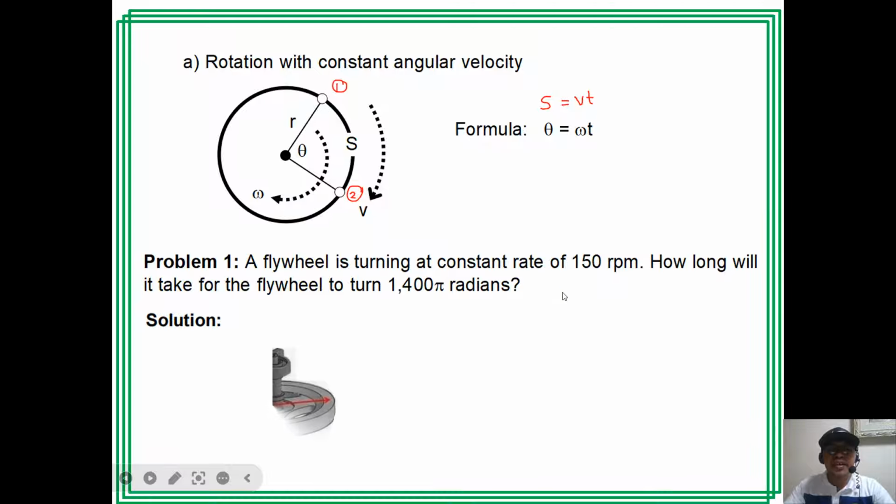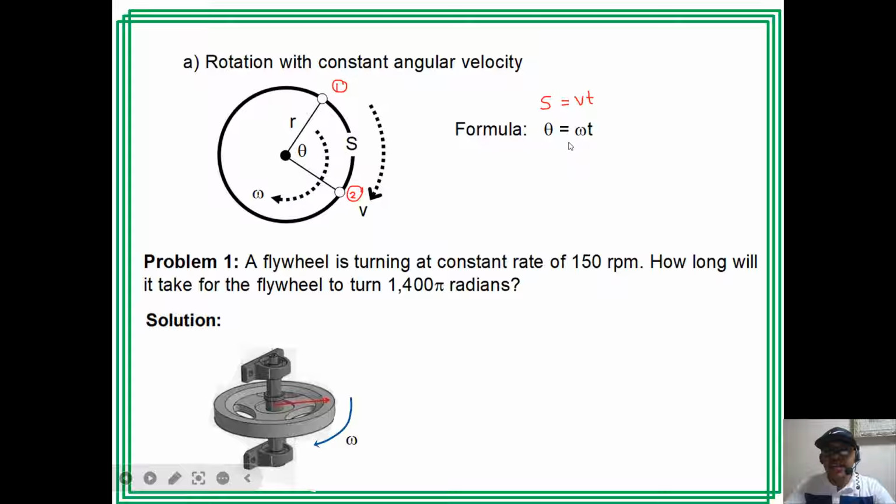So we have here a flywheel rotating at a constant rate omega equal to 150 RPM, where RPM is revolutions per minute. The angle turned through is 1,400 pi within the elapsed time, and that is the question: how long will it take for the flywheel to turn 1,400 pi?